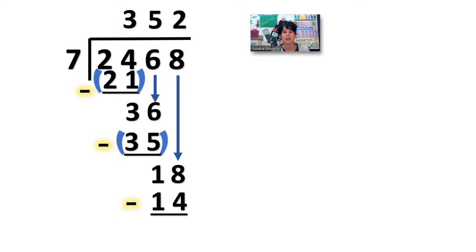And then we finally get the remainder is 4. 7 doesn't even fit in. So we've had to do this entire division problem to find out that 7 is not a factor. Wouldn't it be great if we knew right away if 7 was a factor of 2,468 and we could just skip this process?